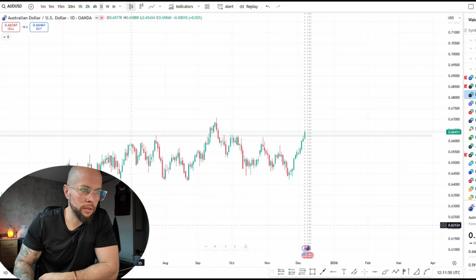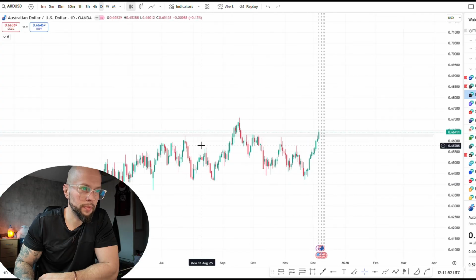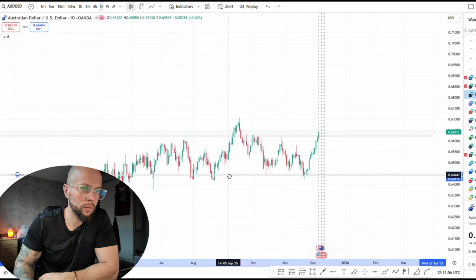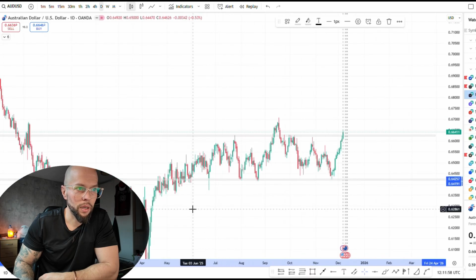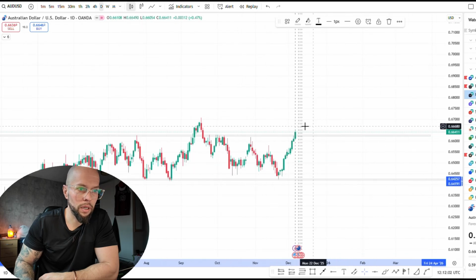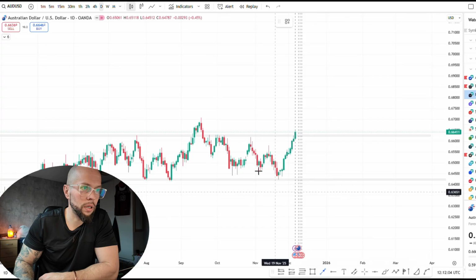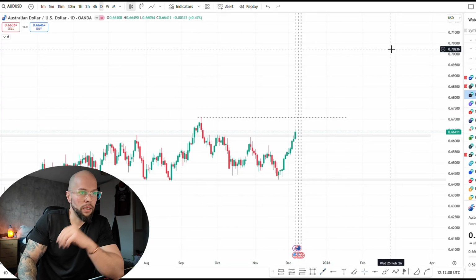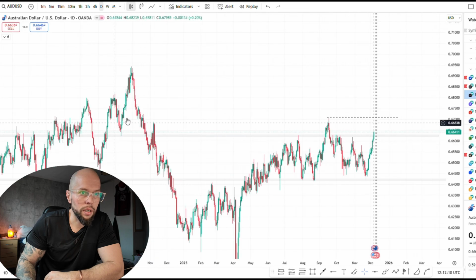It's being broken, yeah. Okay, I like this range right here. I don't like what's happening over here. This is going to be our new target. This will be our new target.